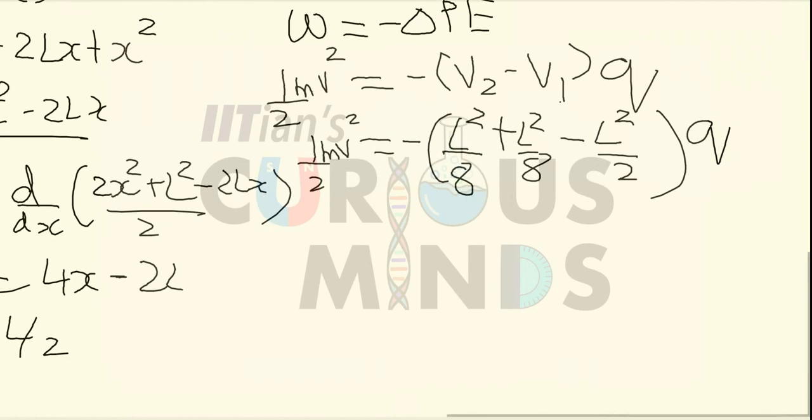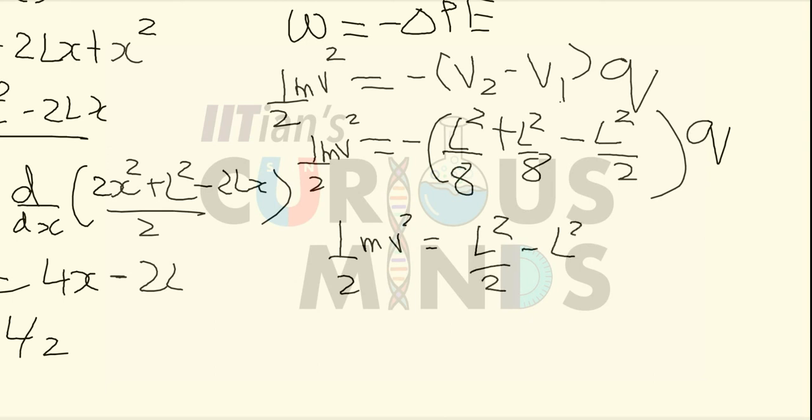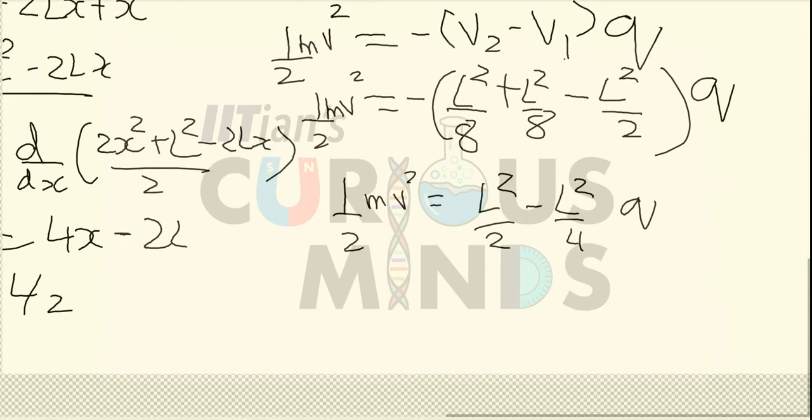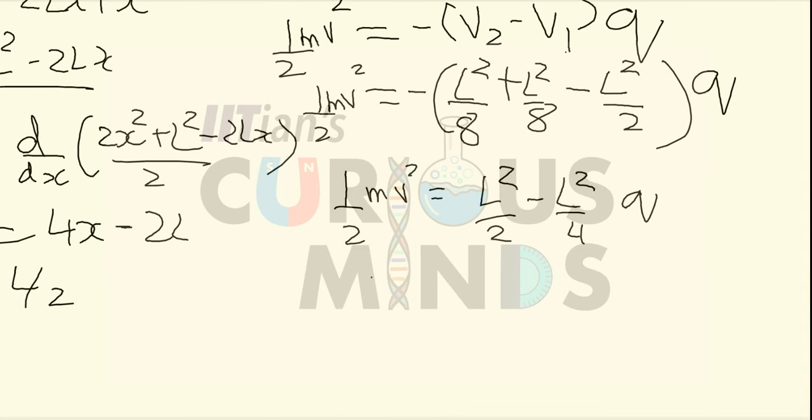So half mv square will be equal to, when I use the inverse, L square by 2 minus L square by 4 into Q. Basically, half mv square will be equal to L square divided by 4 into Q. This will be multiplied by 2.